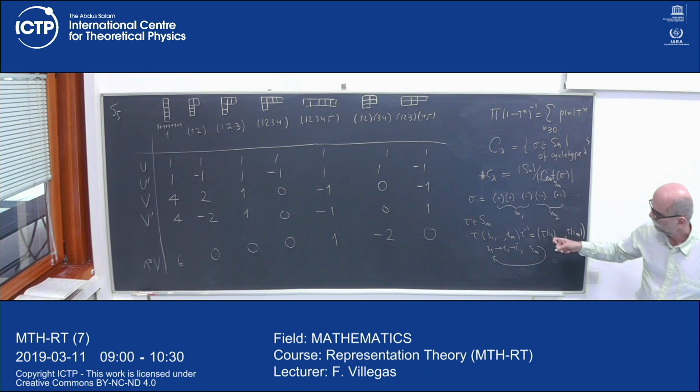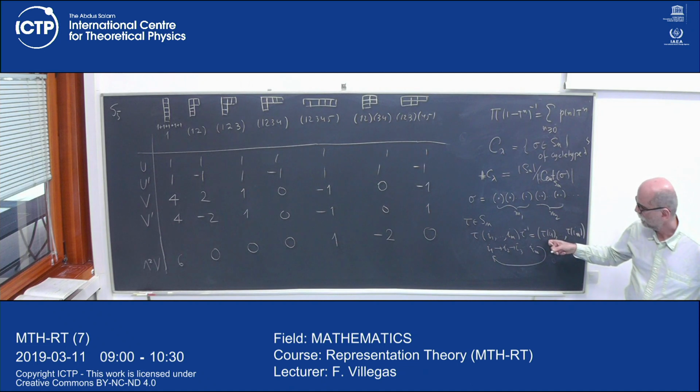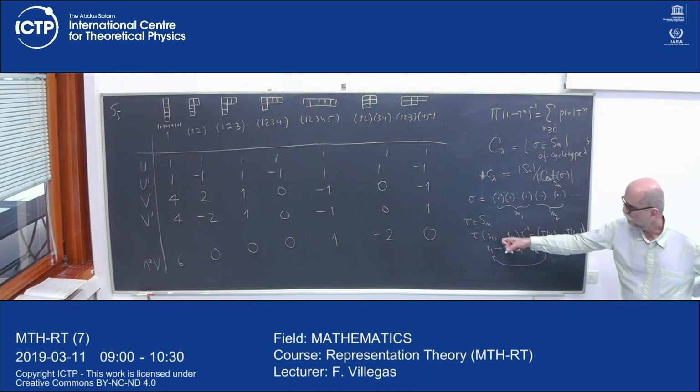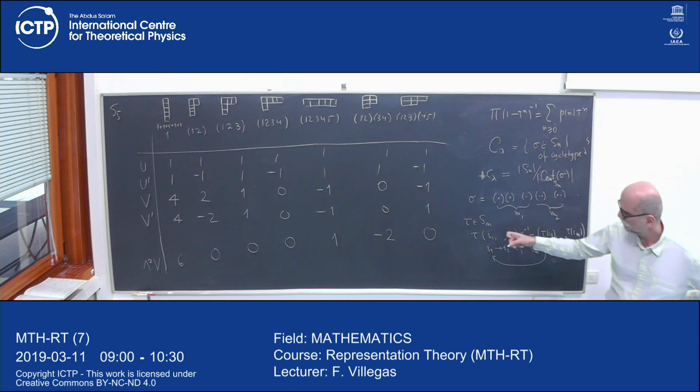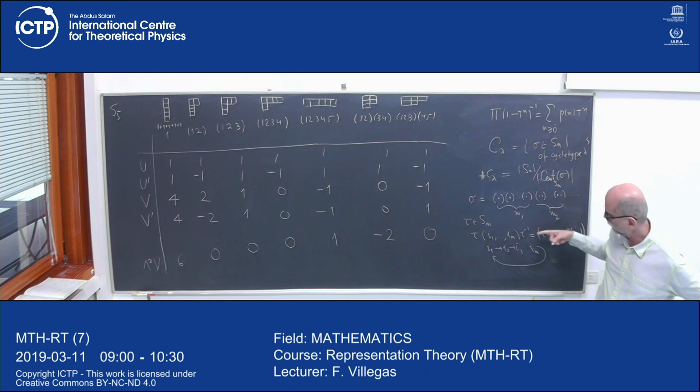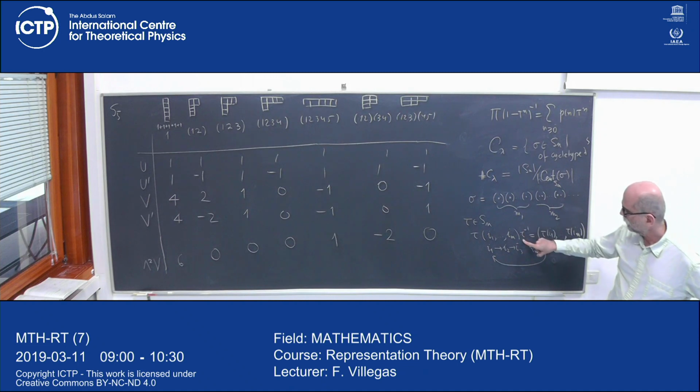Acting on the right, I first hit it with tau inverse, which takes it to i1, and then this cycle takes it to i2. So if I input tau i1 into this, the first thing is I apply tau inverse, I get i1 in here.